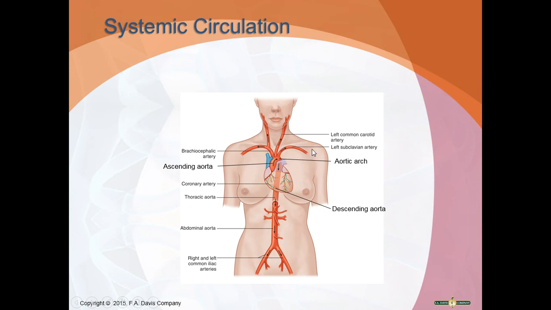So this is the aortic arch. This is the ascending aorta. This is the descending aorta, the abdominal aorta. The thoracic aorta is above the diaphragm, abdominal is below the diaphragm, and then the right and left common iliac arteries.